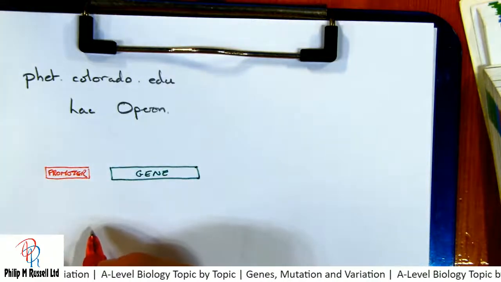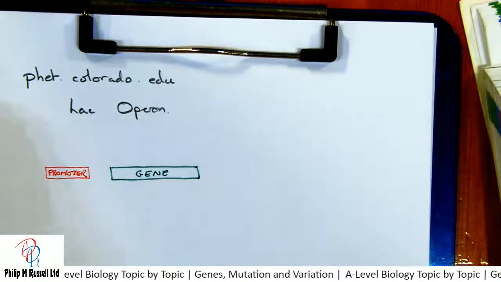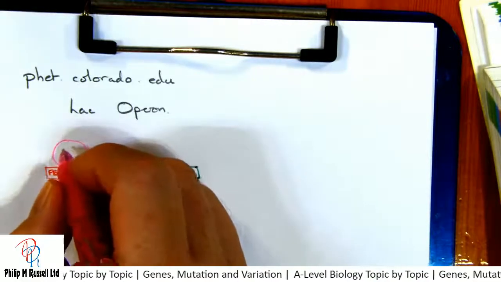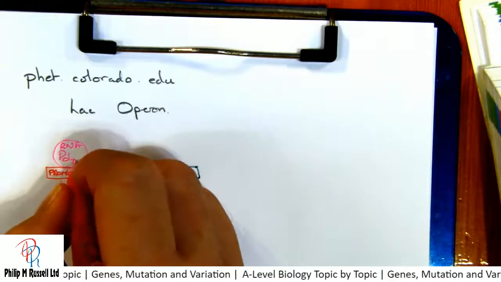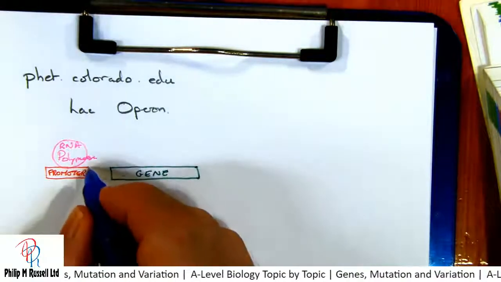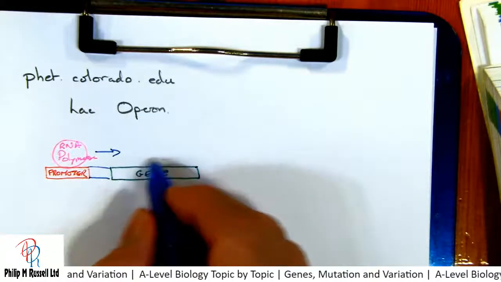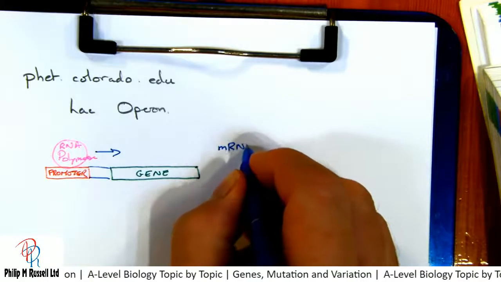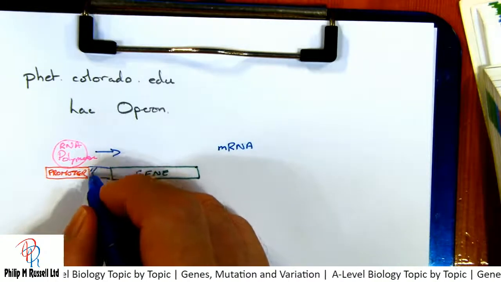Now, this promoter is where we're going to fit something like our RNA polymerase on. And it goes on, and it then moves along, and it produces a copy of this gene, and we turn it into mRNA.